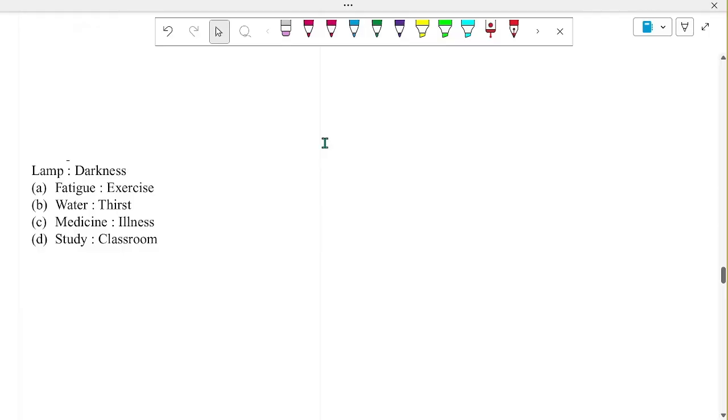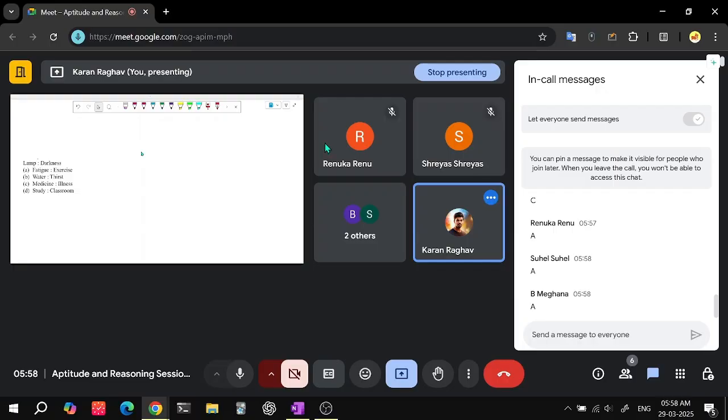Now try to solve this one. Here this question answer is A, or it was previous question.